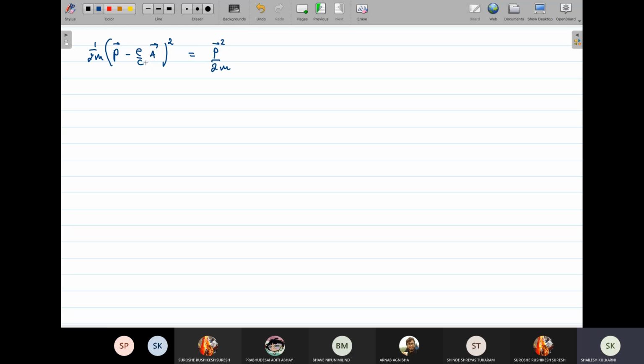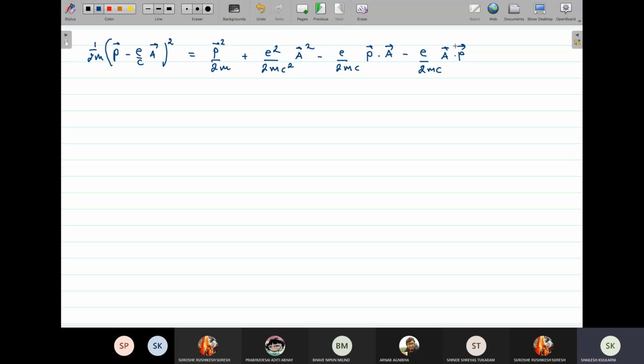The last term will be e square divided by 2mc square, A square, minus e by 2mc P dot A. You remember these are operators, so P dot A will act on phi, and then there will be an A dot P term: P dot A minus e by 2mc A dot P.